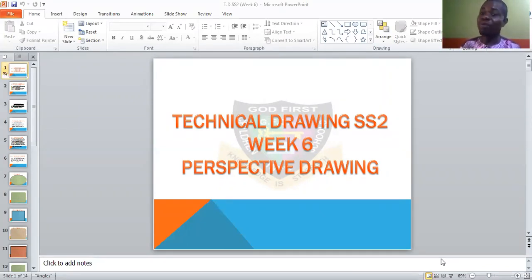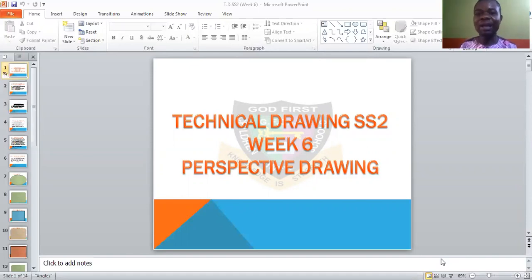Remember how we make use of the 45 degrees set square, having an angle of 45 to be able to project lines up or down and then get our end elevation. Do not forget this.